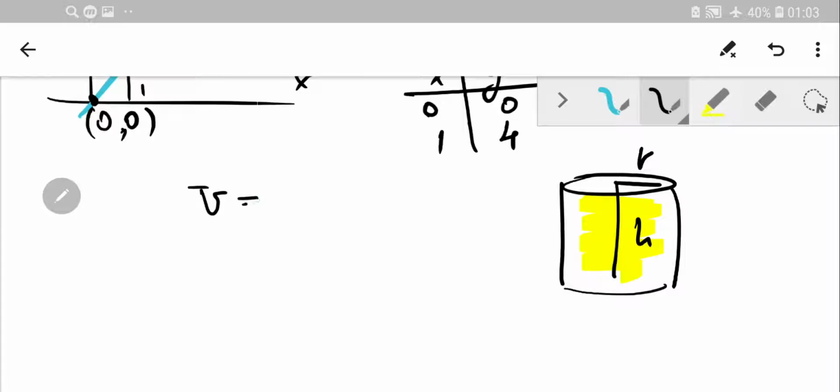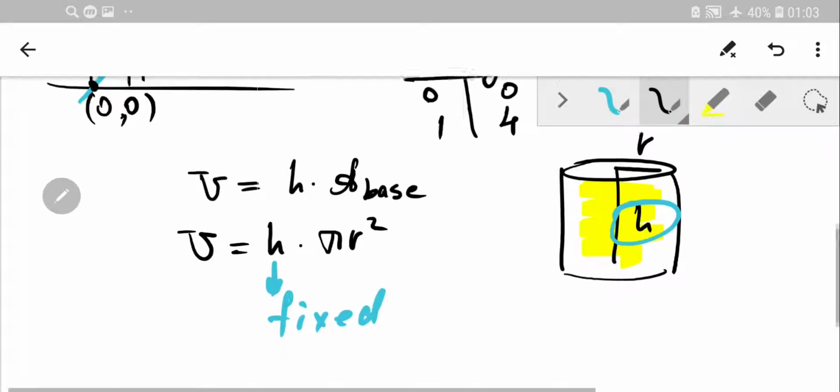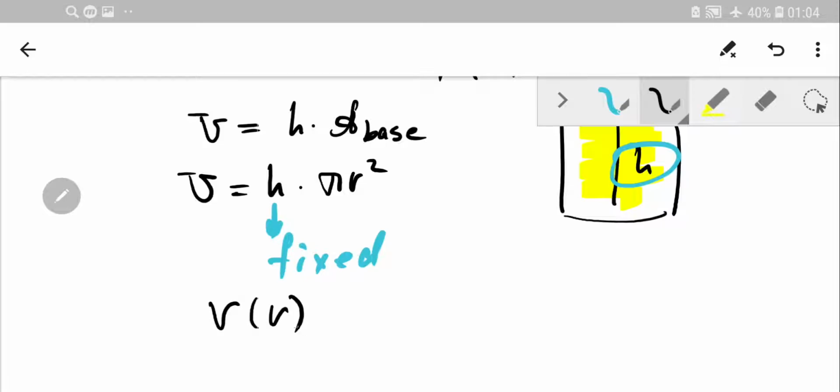Because we know the formula is just height times the area of the base, that's a really universal formula, h times pi r squared. As we can see, for a fixed value of h, if we want to explore how volume depends on r, you get a quadratic dependency, pi h r squared.